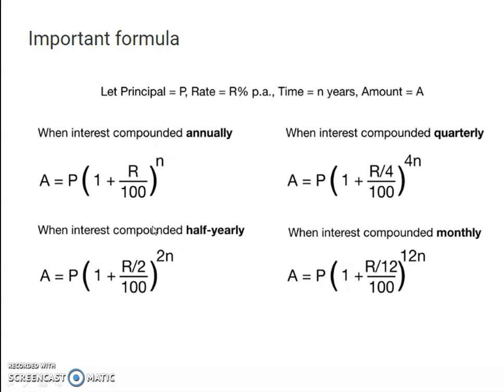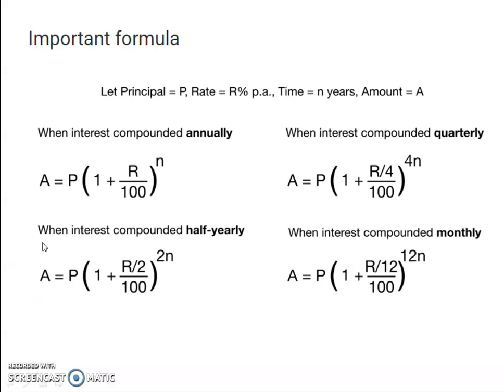You are calculating the interest for 6 months. How many 6 months are there in 1 year? 2, isn't it? January to June, 1 period. July to December, 2nd period. 12 divided by 6 is 2. That is why you are multiplying it with 2.